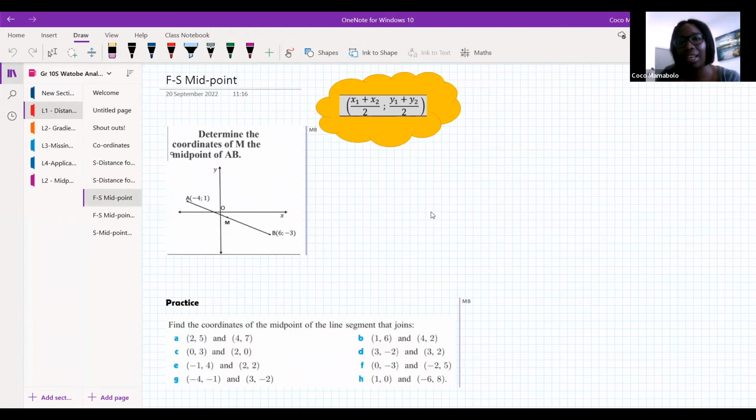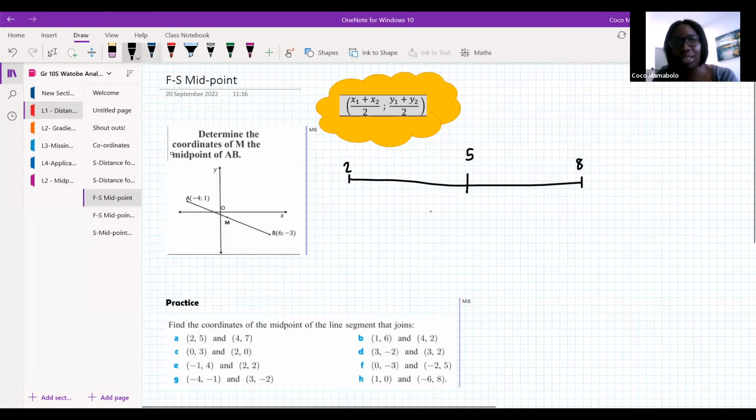So basically, if I have a number line, and this number over here is 2, and this number over here is 8, and I want to find the middle of 2 and 8, that would be 5 right in the middle. Because to get from 2 to 5, I would have to move 3 spaces, and to get from 5 to 8, I would have to move 3 spaces.